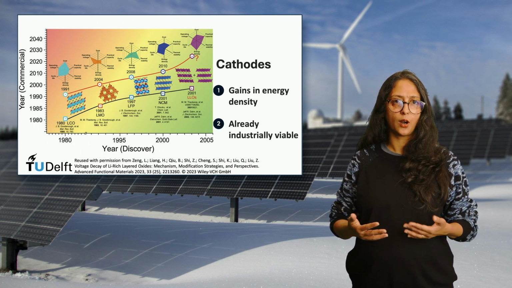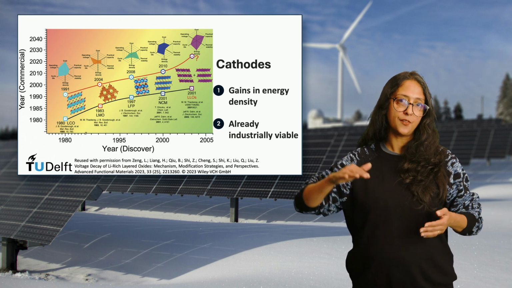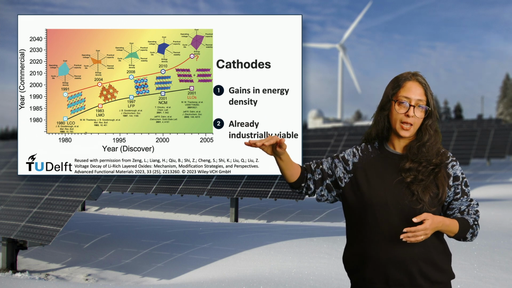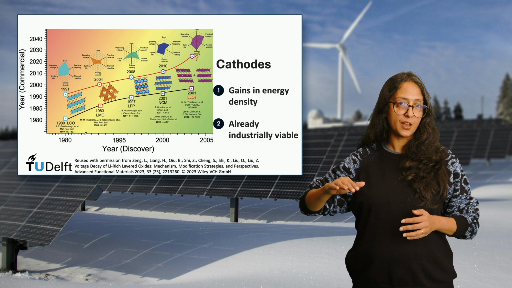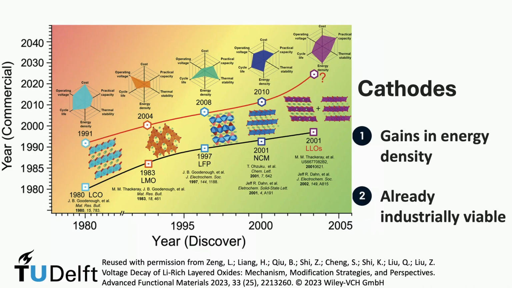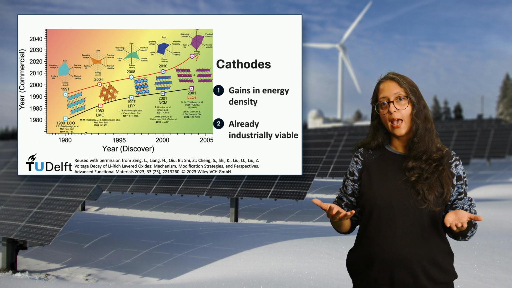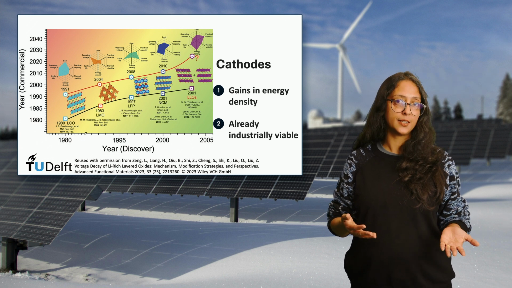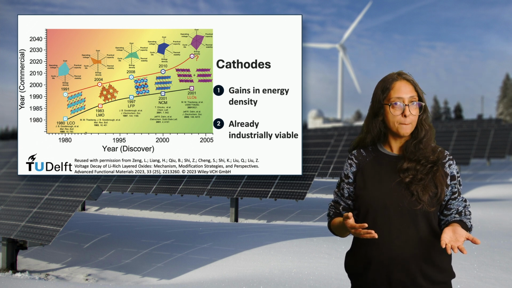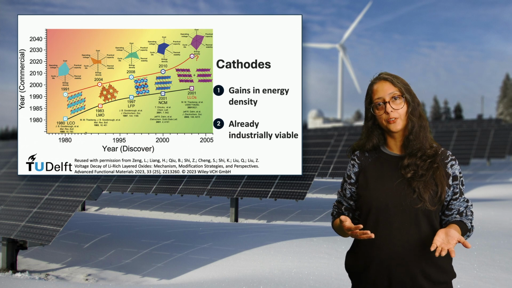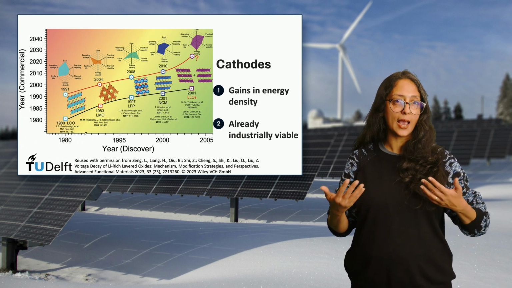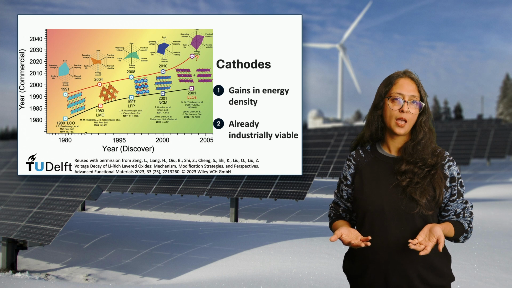However, if you look at the graph, you can see that in the development of cathode materials over time, the main gains that have favored their commercialization are not only gains in energy density, but also other performance parameters like cycle life and thermal stability or safety. For example, LFP has a lower energy density than LCO and NCM, but has a better cycle life and thermal stability, which is why it is also highly utilized commercially.